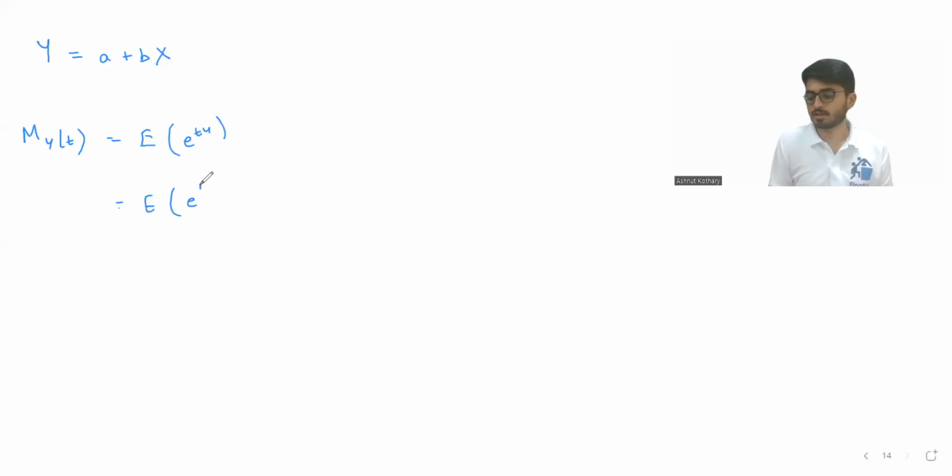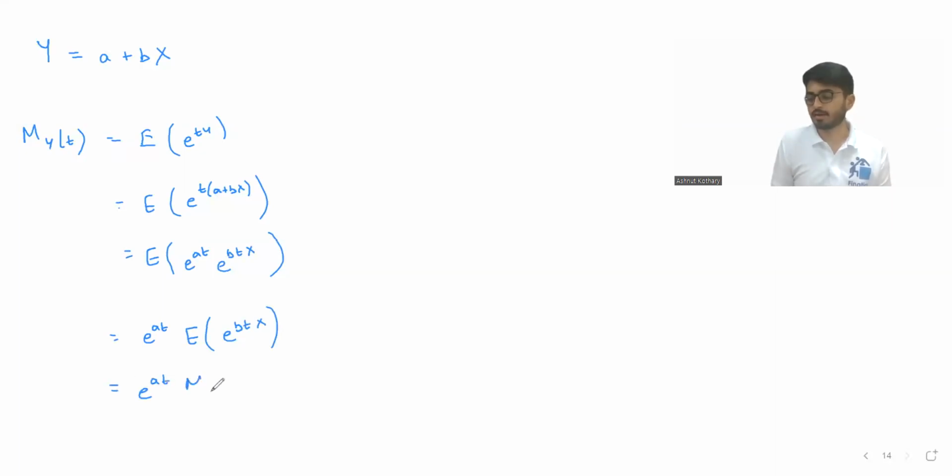This will be expectation of e to the power t(a plus bX), which I can write as e to the power at, e to the power btX. Note that e to the power at is nothing but a constant. And what I'm left with is expectation of e to the power btX.